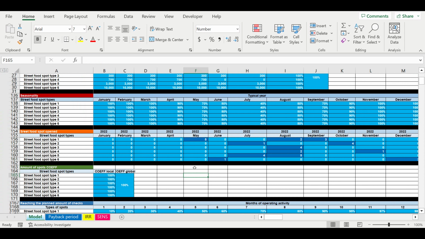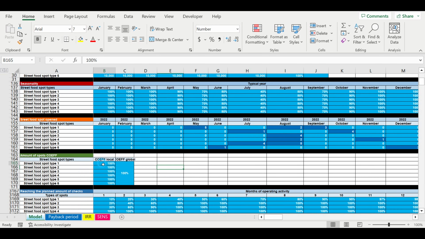So this is a very interesting story. Also here we have coefficients for the amount of spots, local coefficients and global coefficients. For example, if you want to increase the amount of spots in general, you can use these global coefficients. If you want to increase or decrease the amount of spots of some specific type in our chain, we can use this local coefficient.